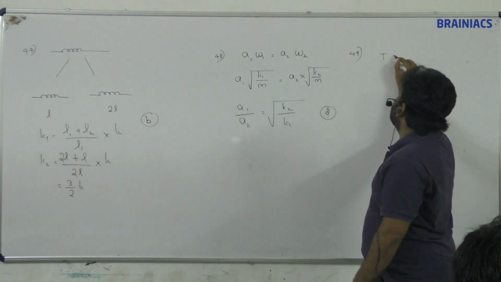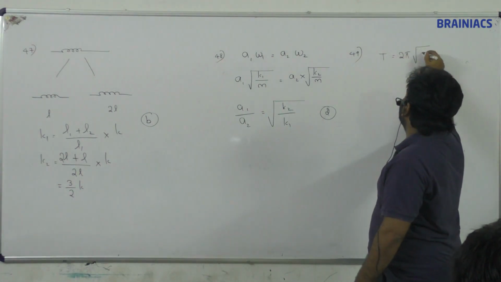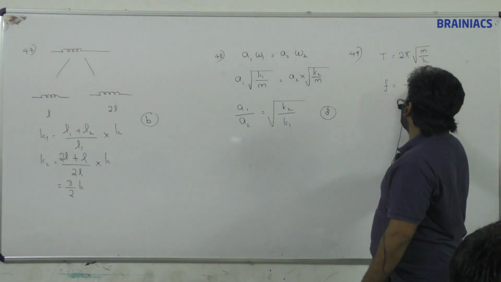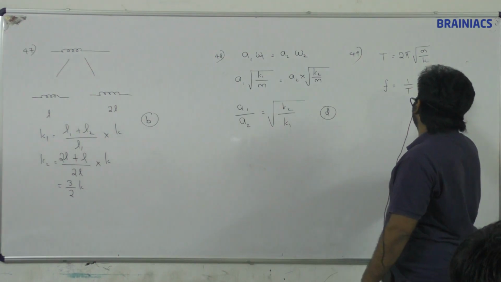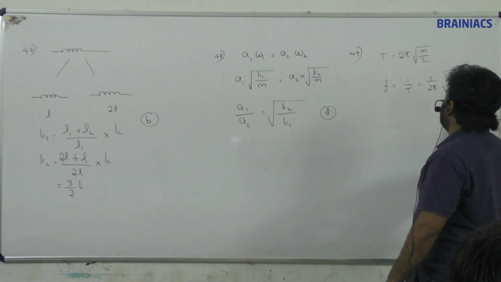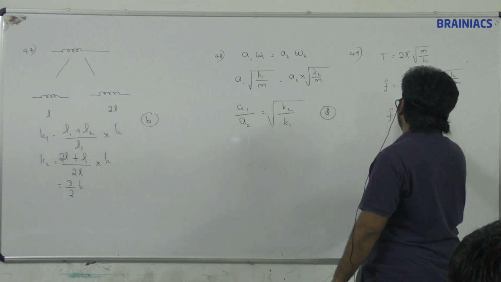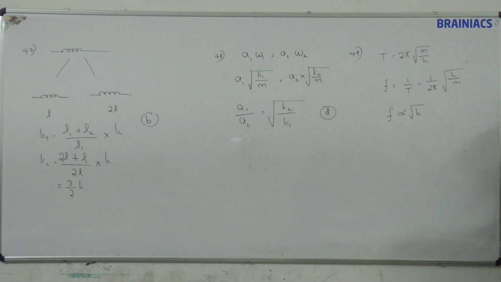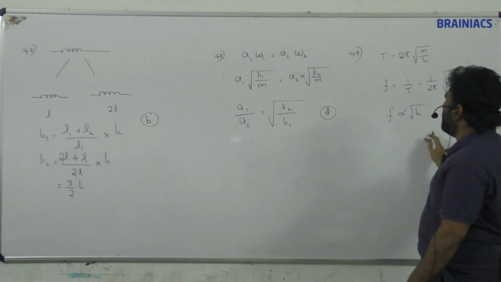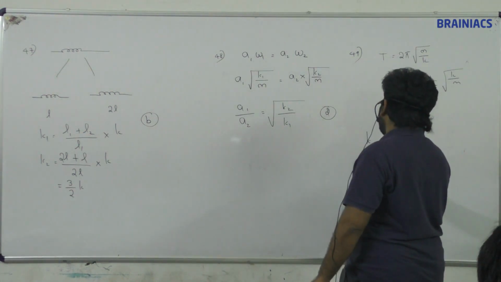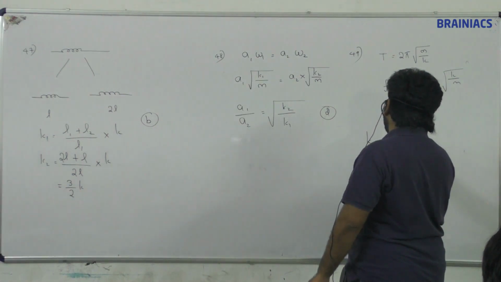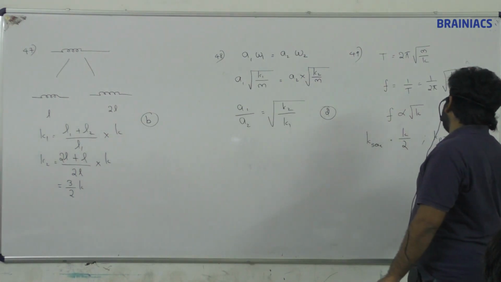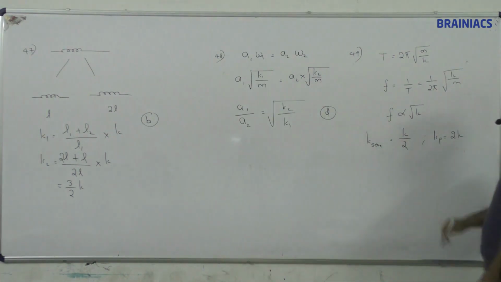If T is equal to 2 pi into root of M by K, frequency is equal to 1 by T, which is 1 by 2 pi into root of K by M. So we can say frequency is directly proportional to root K. If we connect in series, K series is K by 2, and in parallel it is 2K.